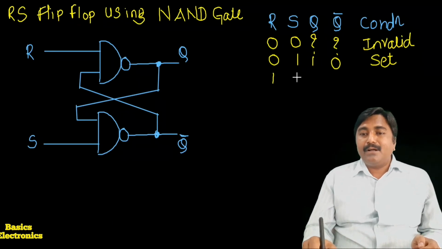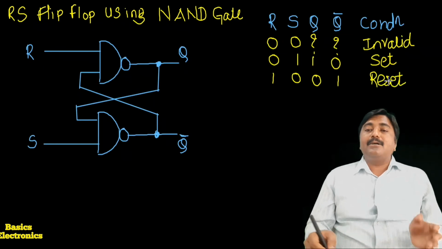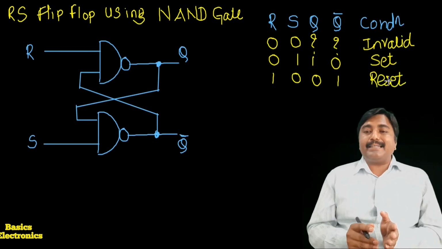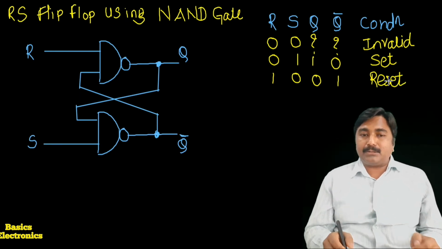So we write R is 1, S is 0, Q equals 0 and Q bar equals 1. In the reset condition, Q bar equals 1 whereas Q equals 0.